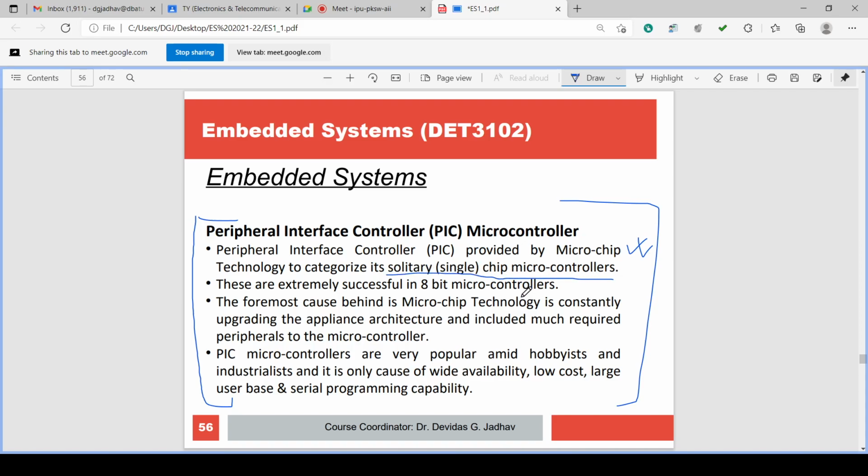PIC controllers are extremely successful in 8-bit microcontrollers, very popular, extremely popular in 8-bit microcontrollers. So 8051 is also popular and PIC are also popular in 8-bit microcontrollers.